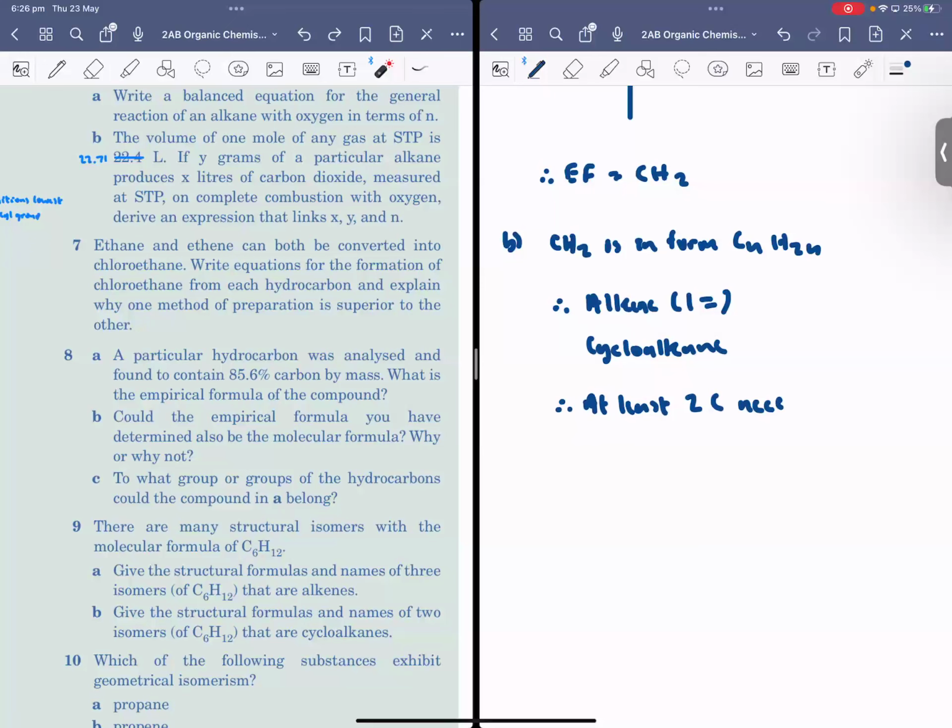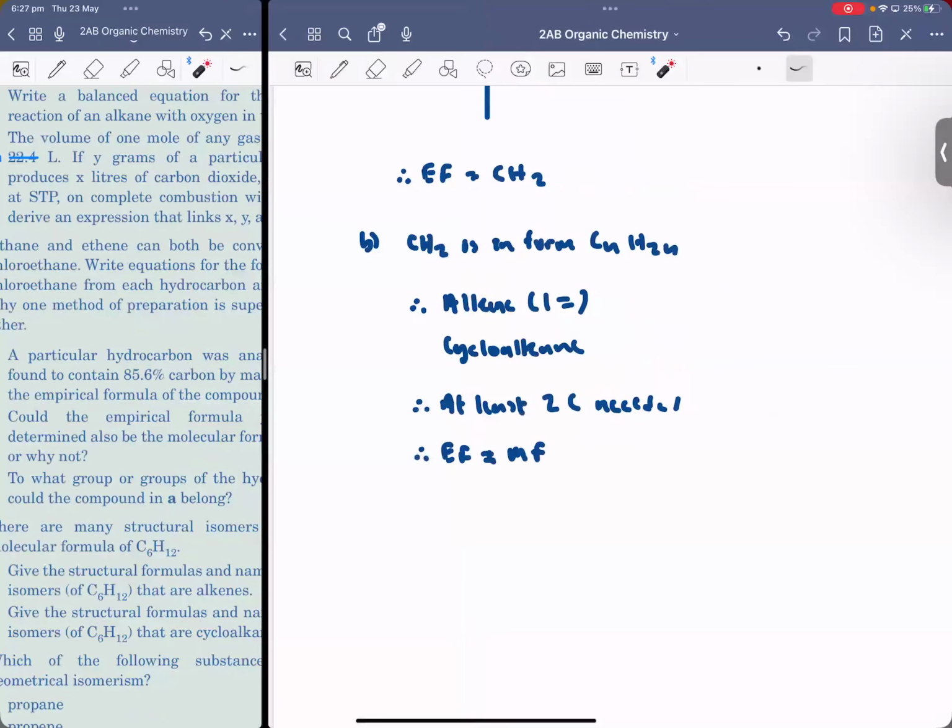So if at least 2 carbons are needed, guys, this is only 1 carbon. So therefore, what are we saying? The empirical formula does not equal the molecular formula. I was very clear about it. I said that it's either an alkene or it's cyclic. And why am I saying alkenes need at least 2 carbons?